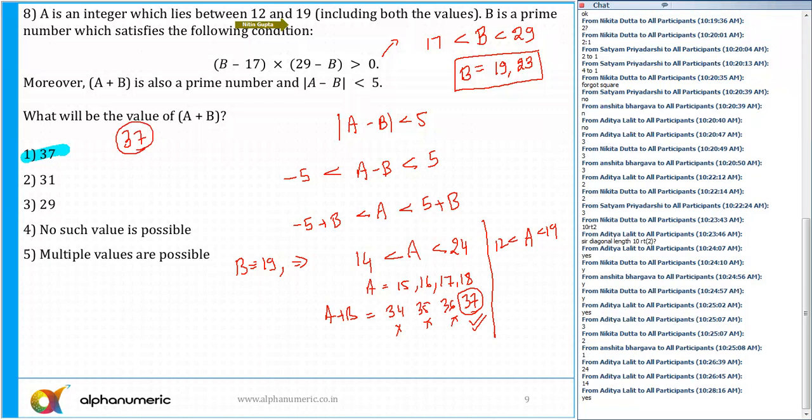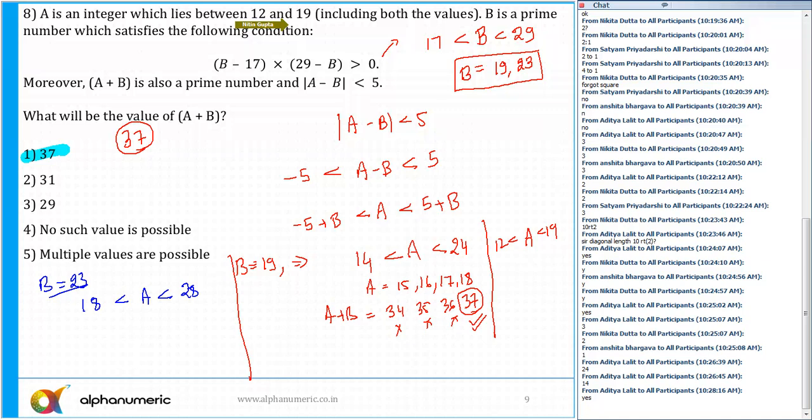Please respond. As the option says that multiple values are also possible, second case, if B is equal to 23, what is the range of A? 5 plus 23 is equal to 28, and 23 minus 5 is equal to 18.